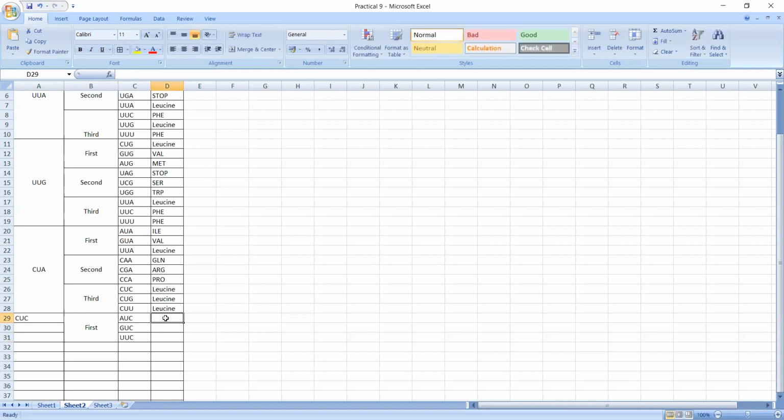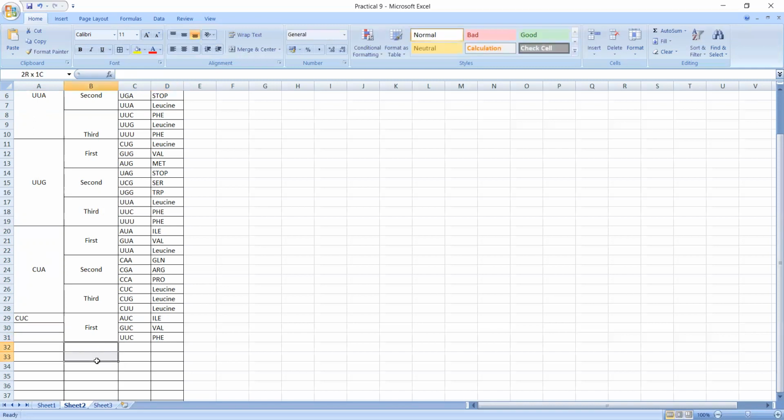Let us see the codes. AUC codes for isoleucine, GUC codes for valine, and UUC codes for phenylalanine. All right.